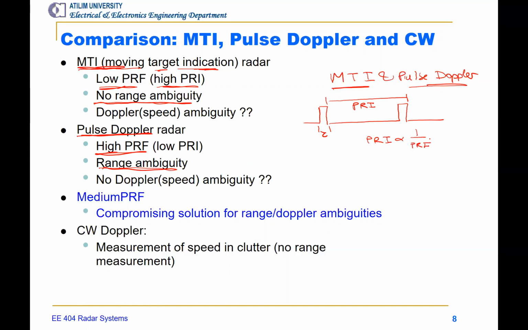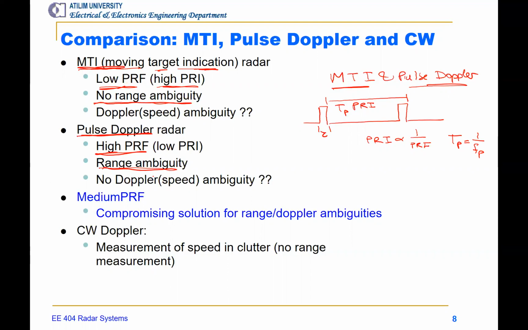So we have symbols for that, TP. So TP is 1 over FP, as you might remember. Now for MTI, we have low PRF, high PRI, and for pulse Doppler, we have high PRF, low PRI. So in the next part, we'll be discussing the advantages of each in detail and compare them.